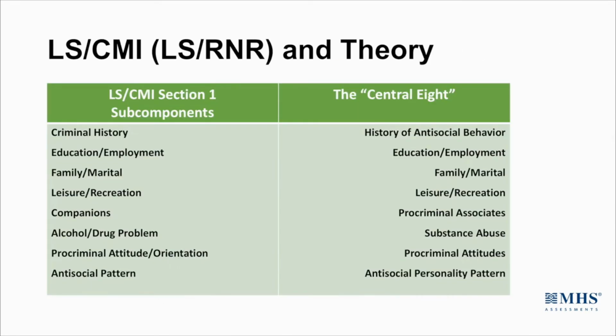You'll also notice with the LS-CMI, we now completely matched up the subcomponents of Section 1 with the Central 8. So we tied it in much more closely with the theoretical underpinnings.